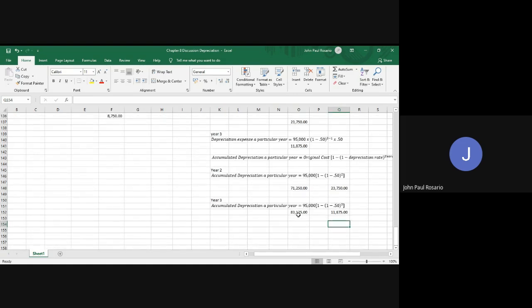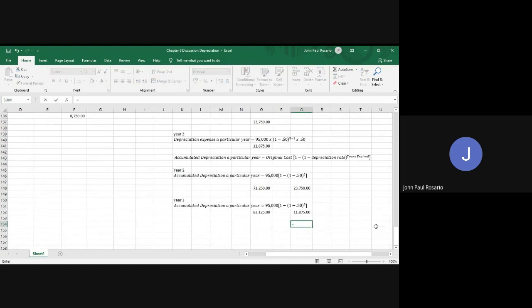So with that in mind, since your total accumulated depreciation should not exceed 80,000, we know that on year 3, the accumulated depreciation should be 80,000.